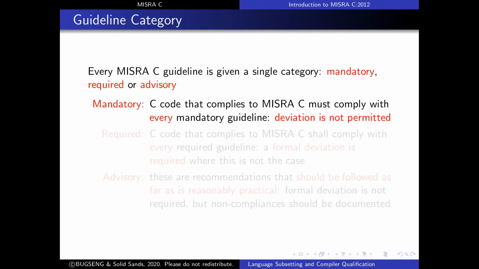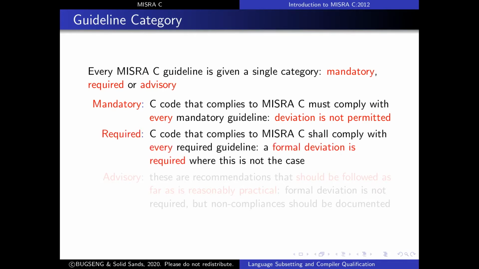So when the category is mandatory, you can only claim MISRA compliance if you obey the rule. So no deviation is permitted for mandatory guidelines. Whereas when the category is required, you can either comply or justify why you are not complying.